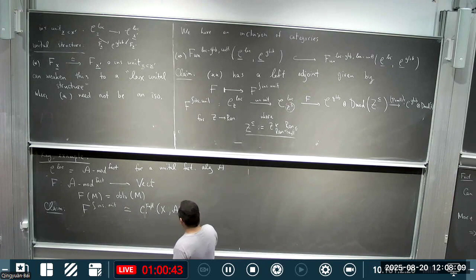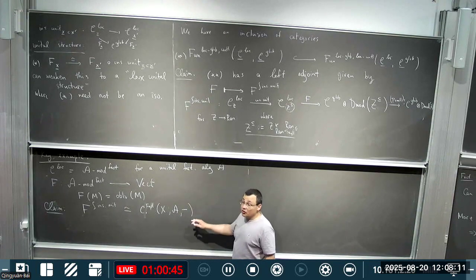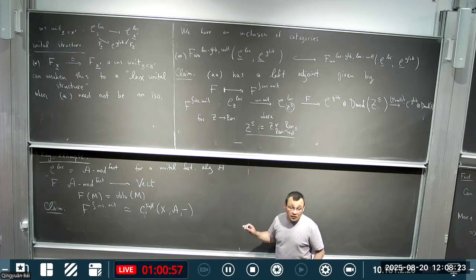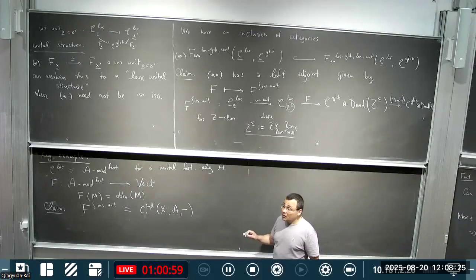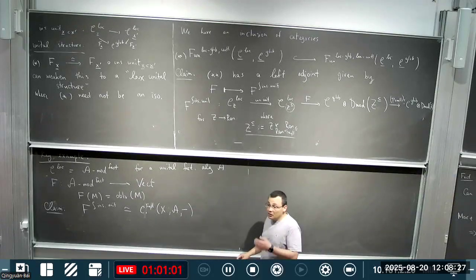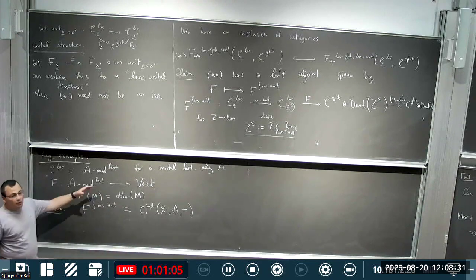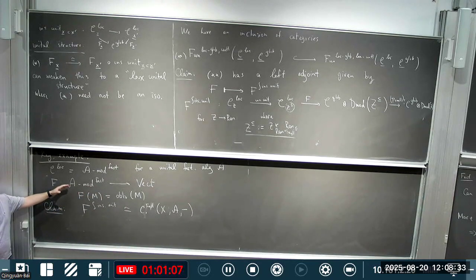Which I realize now I did not define in the case of modules, but it's defined easily enough, which is you forget down to a D-module on the Ran space, and you integrate that out. Pointed Ran space, yes. So the factorization module was defined to be in particular a D-module on some pointed version of the Ran space.